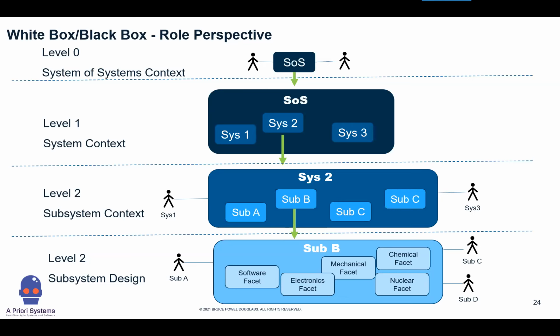So again, that's levels of decomposition, and you can trace an entire taxonomy of capabilities at increasing levels of detail as you go through your system of systems, down to systems, down to your subsystems, down to your individual engineering facets.